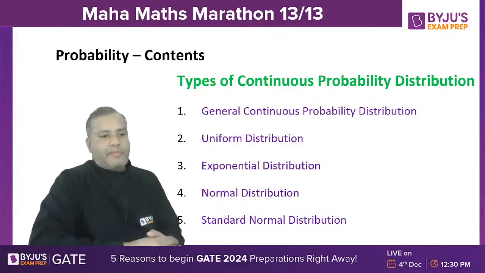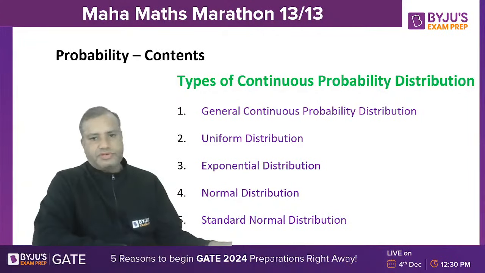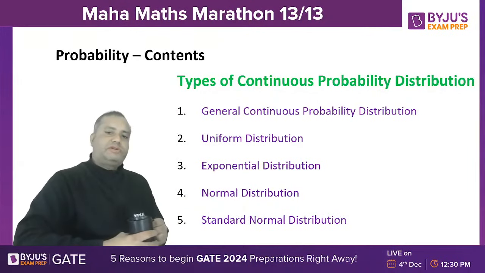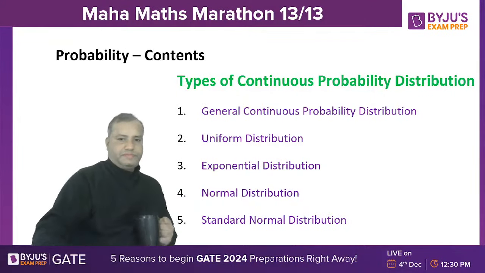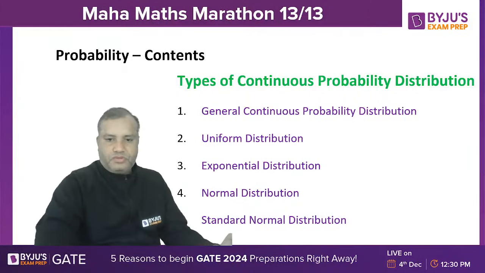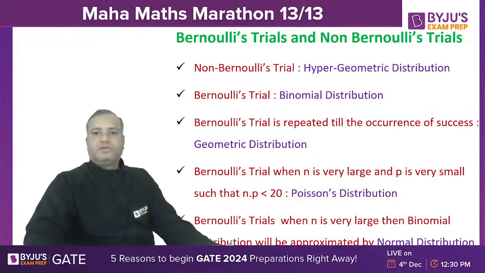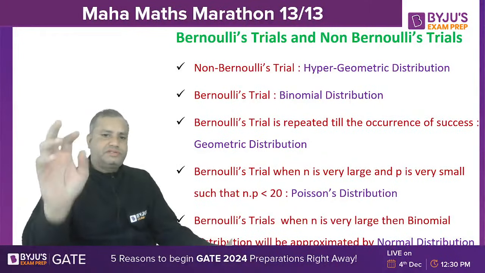For continuous probability distribution, we have the types as general continuous probability distribution, uniform distribution, exponential distribution, and standard normal distribution. This frame is relevant, but as of now, it is immaterial to discuss this.